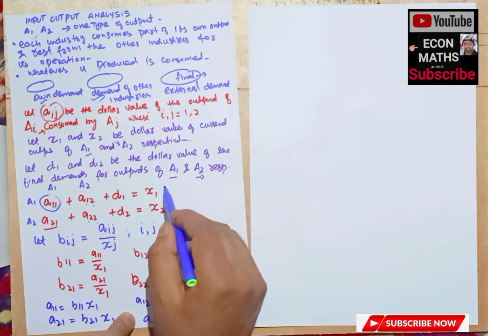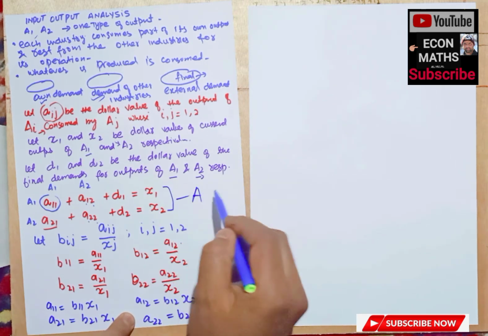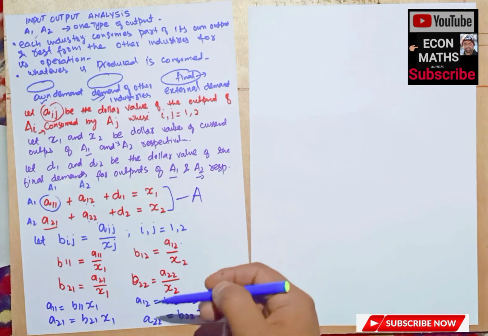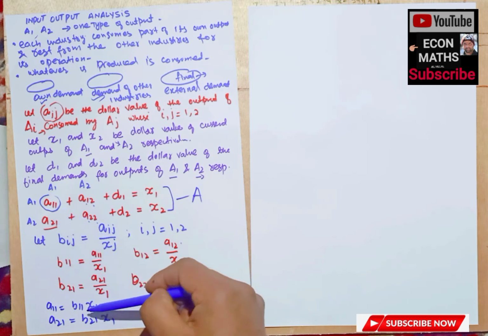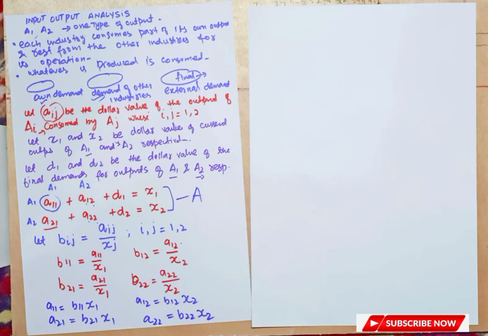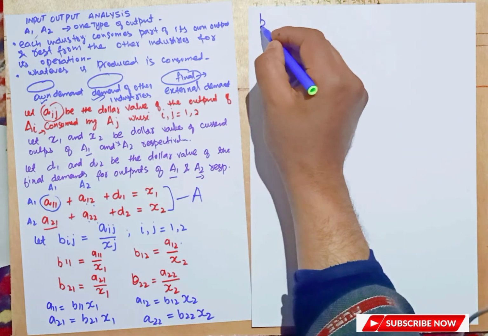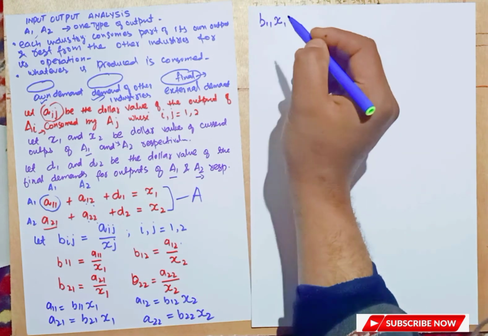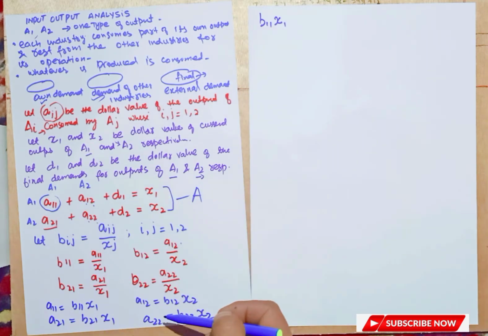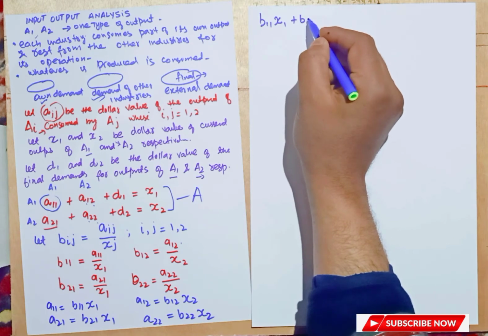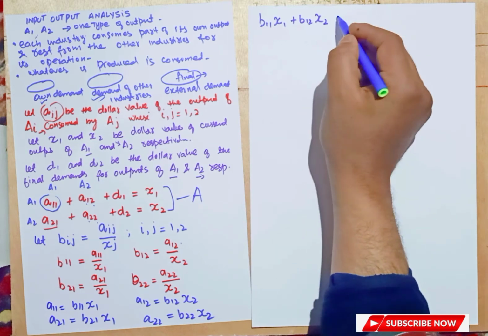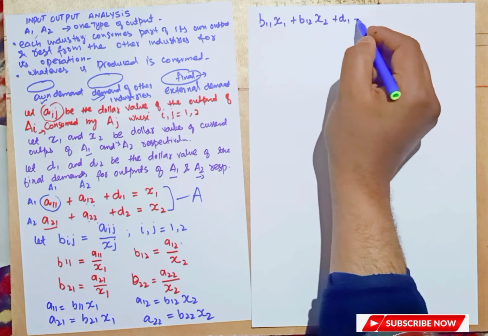Now these equations can be written in this form. In place of A11 we write B11 X1, so I will write B11 X1 plus A12. In place of A12 we have B12 X2 plus D1 is equal to X1.